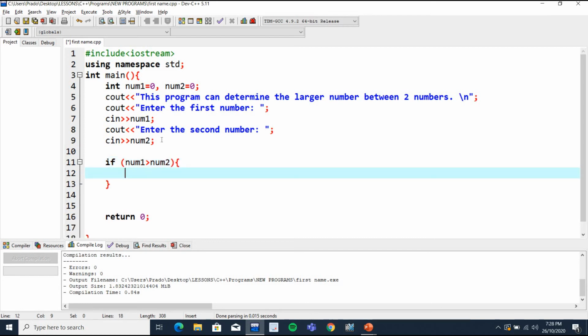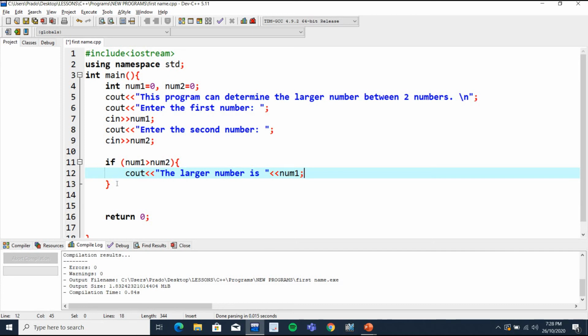Sa loob ng brace, if num1 is greater than num2, ibig sabihin, cout the larger number is, pwede po natin ilagay yung mismong number, which is the larger number is num1. So, ibibigay niya po mismo yung number, kung ano yung tinype mismo ni user. So, pwede yan. So, the larger number is num1.